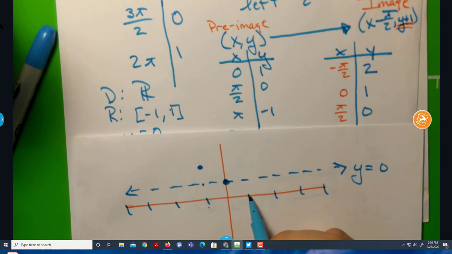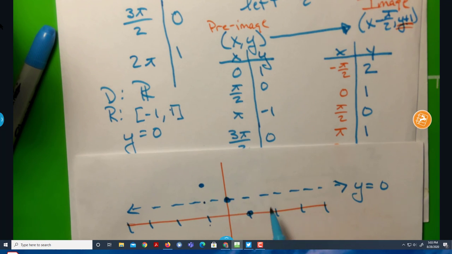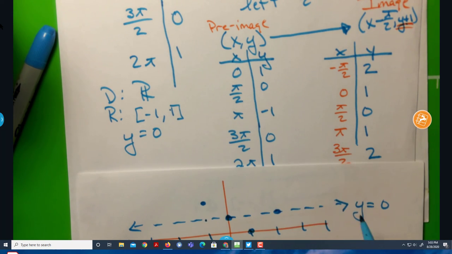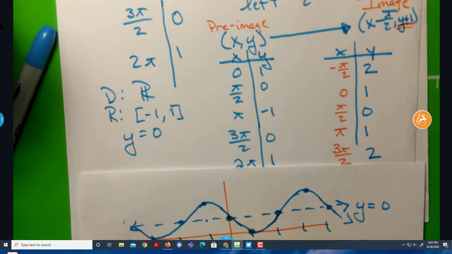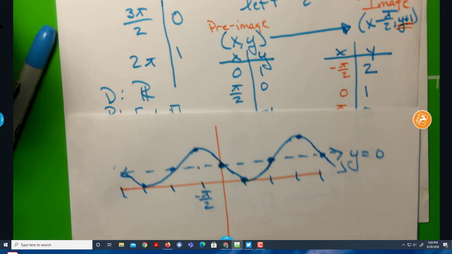At pi over 2, it's 0. At pi, it's 1. And then it's 2. And then we go back here, here, here, okay? And there you go.